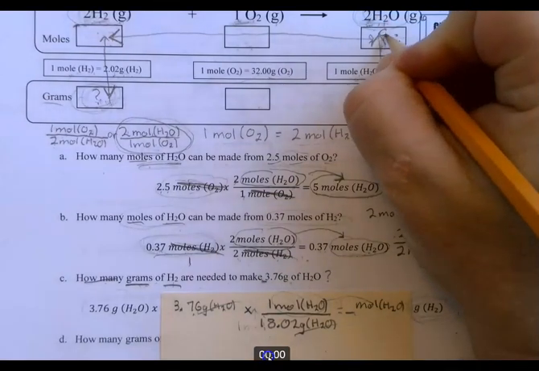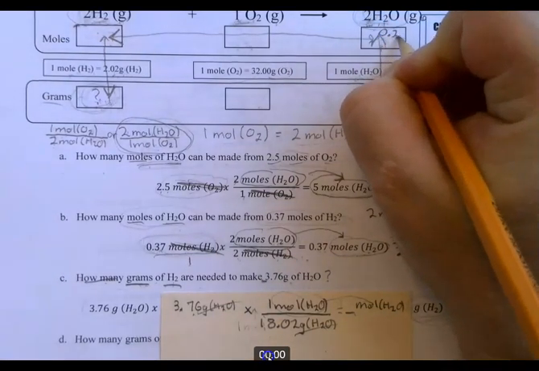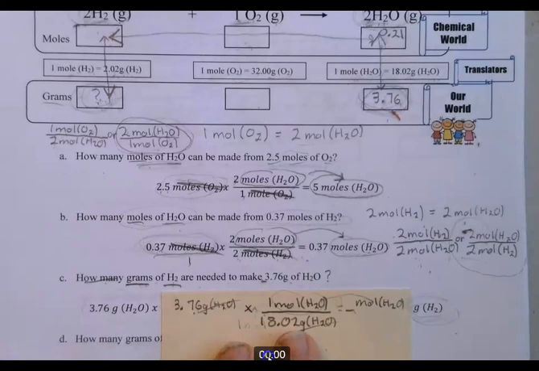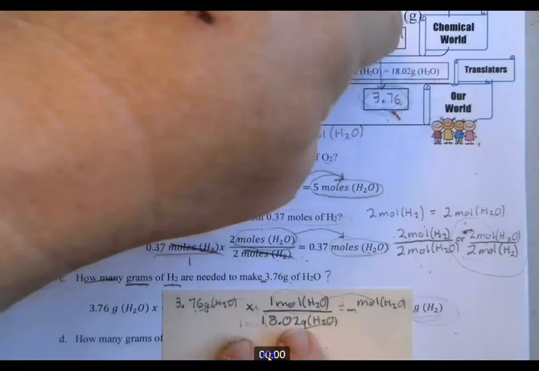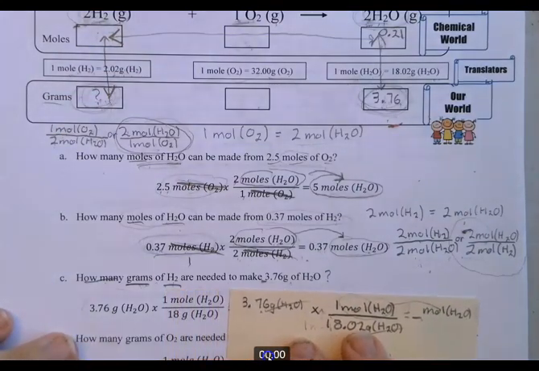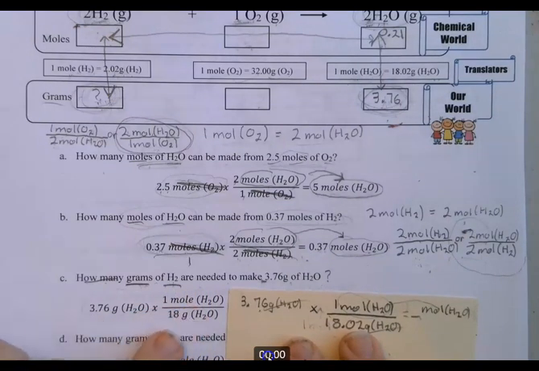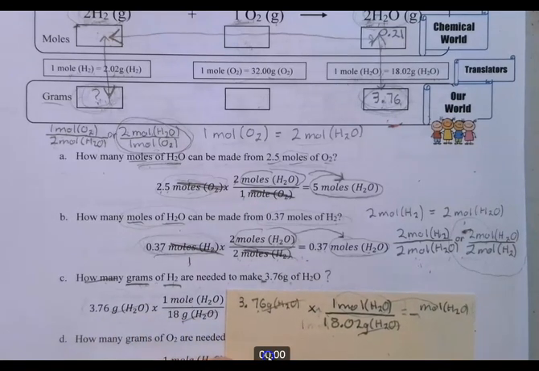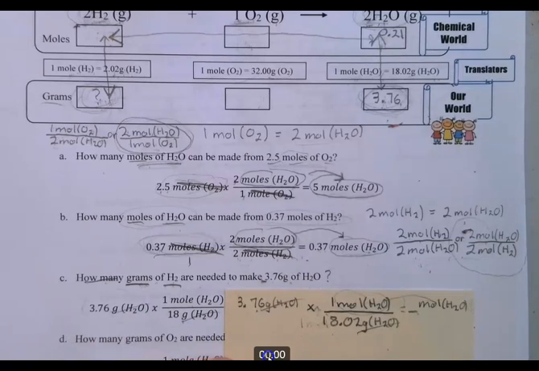So that's how many moles of H2O I have. What you do, though, is you simply write that ratio right here. So 3.76 times 1 mole of H2O for every 18.02 grams of H2O. The grams of H2O cancels and I have moles of H2O. But you don't have to solve the equation quite yet.